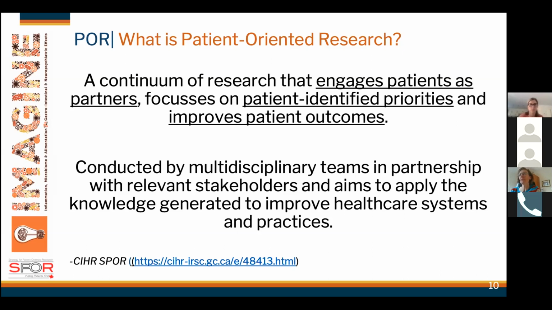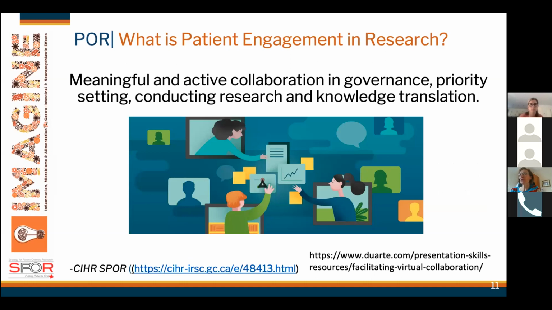And I think this is really a whole culture shift in the way we think about our research. Next slide, please. So that was patient-oriented research, but then there's also patient engagement in research, obviously related, but a little bit different. And when we talk about patient engagement in research, what we're thinking about is meaningful and active collaboration. And it could range from the governance, priority setting, actually doing the research, and knowledge translation. So again, there's this whole range of different things in which patients can be engaged.